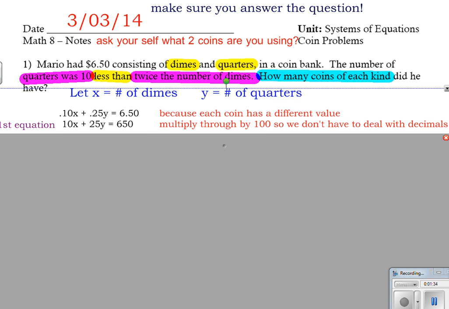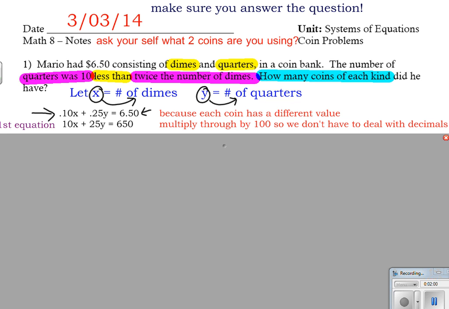Here we have 0.10x representing dimes. We said x was dimes and y is quarters, and I have a total of 650.